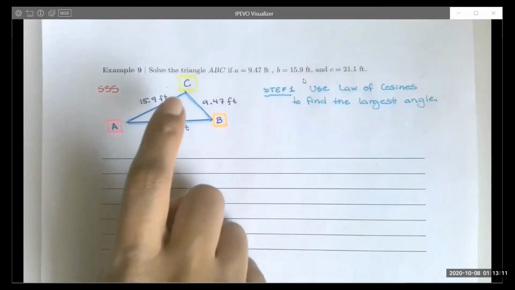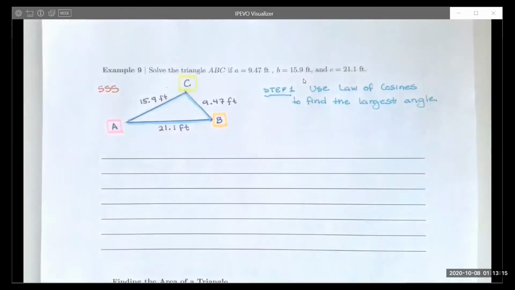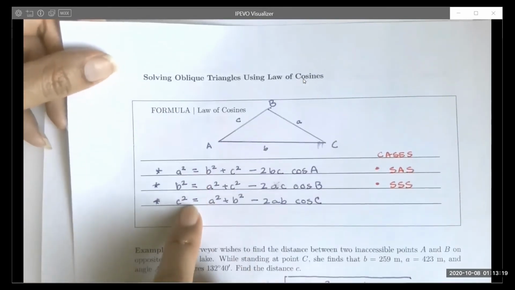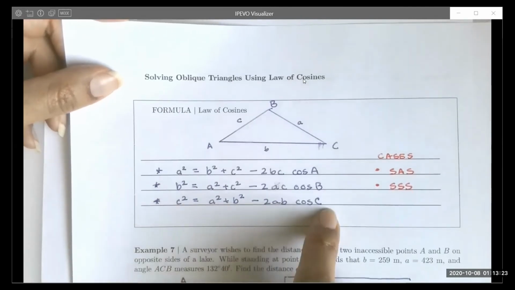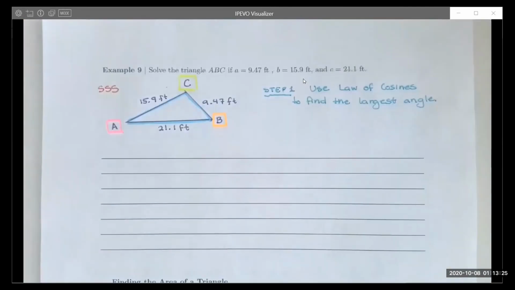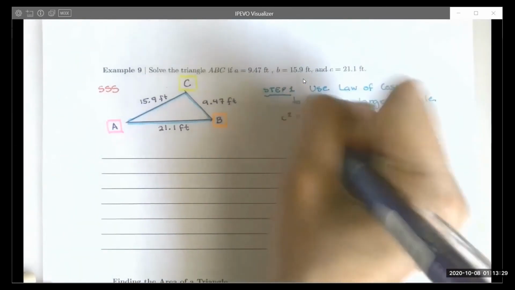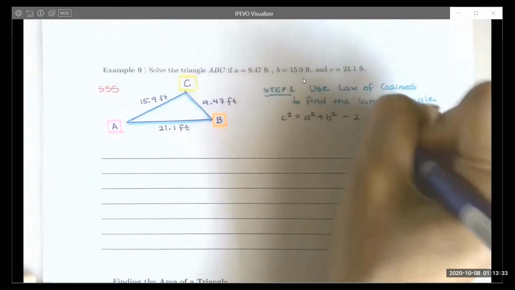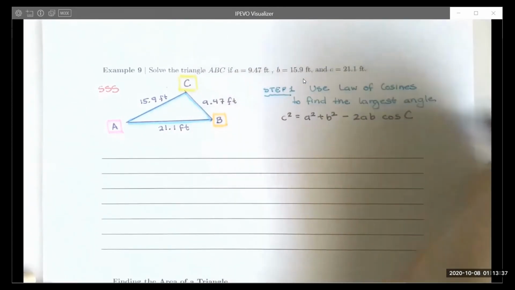Okay, so in order to be able to find angle C, I need to take a look at the law of cosines and see which of the three formulas has angle C. Well, that would be this last one. So this is the one that we're going to use. C squared is equal to A squared plus B squared minus 2AB times cosine of angle C.